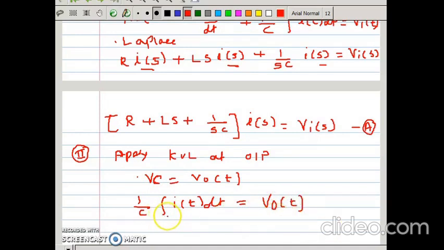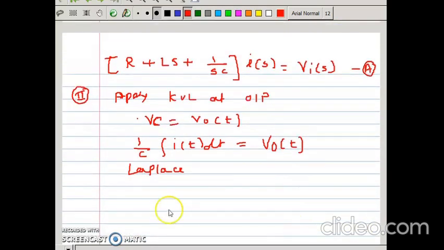Then again take the Laplace transform on both sides. It is 1 upon C, and the Laplace of integration is 1 upon S, so I of S upon SC is equal to VO of S. Again, what is the third step?